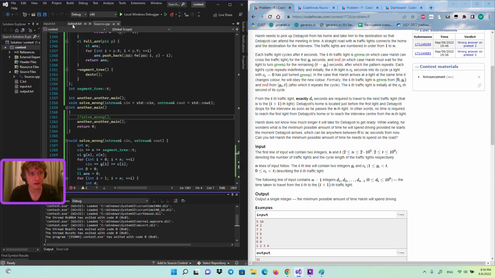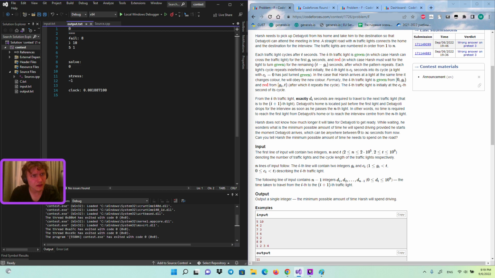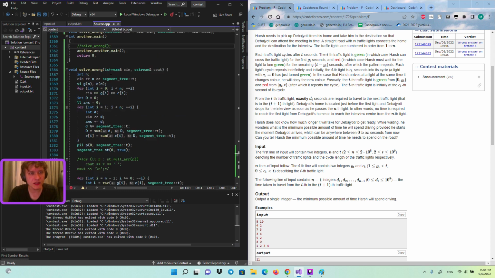Maybe at some moment. Stress -1. Okay, I think we see a wrong answer from nikgaevoy's solution. Let's take, for example, n equals 2.